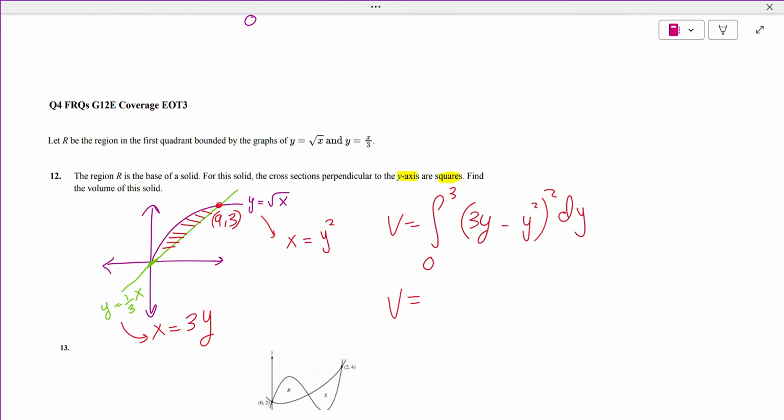Now the volume will be the integral from 0 to 3 of, let's expand this, 9y squared minus 6y cubed plus y to the power of 4 dy.